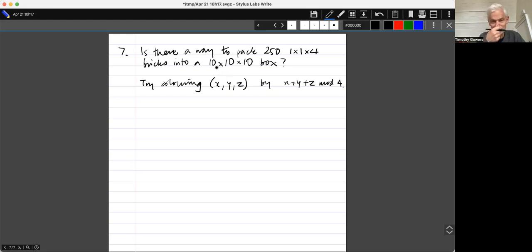But how do we prove that in an efficient way? That's going to be slightly tedious, or is it? Perhaps it'll be slightly easier if I think of 10 by 10 by 10 as 0 up to 9. So I've got 0 up to 9 cubed. Now I'm hoping that the number of ways of making 0 as the sum of 3 things is going to be more than 250.